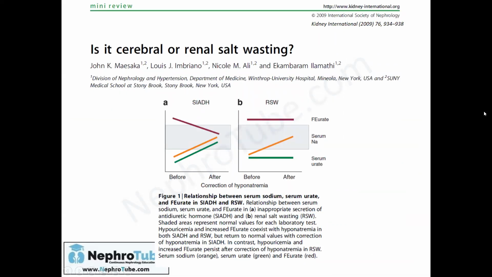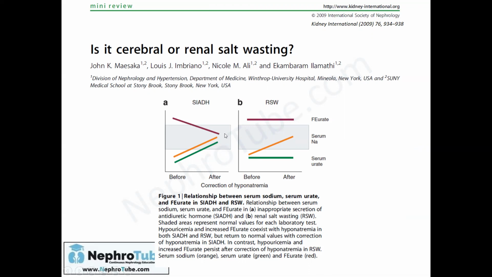Another point clinically to differentiate between SIADH and renal salt wasting is after correction of hyponatremia. After correction of hyponatremia, in SIADH, the serum sodium will be normal, this orange line. The serum urate will return to normal level, and the fractional excretion of urate will return to normal level.